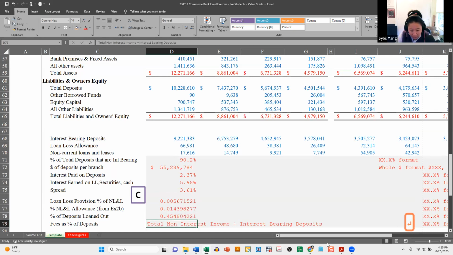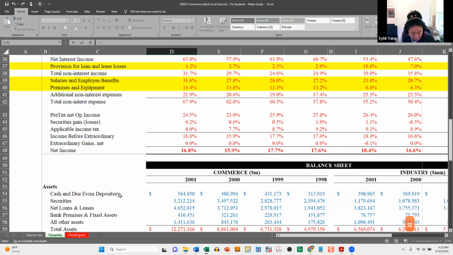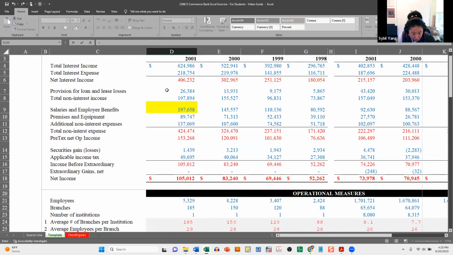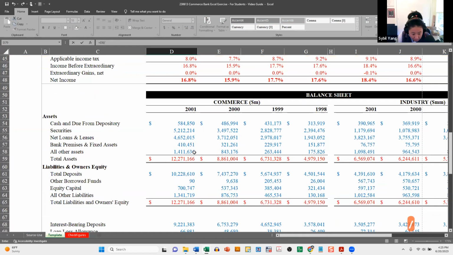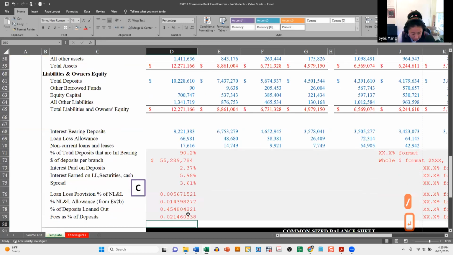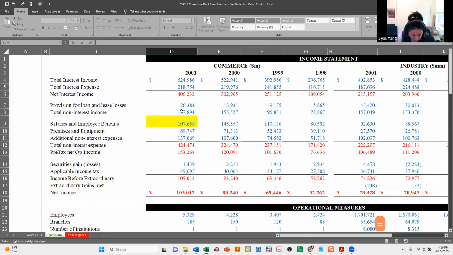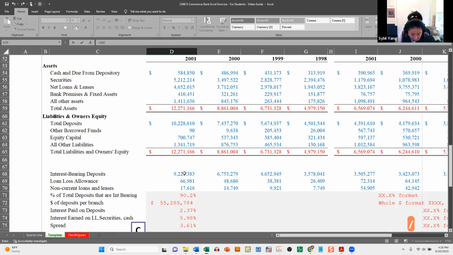Okay. Non-interest income as a percentage of interest-bearing deposits. So total non-interest income divided by, I think we had that as interest-bearing deposits.